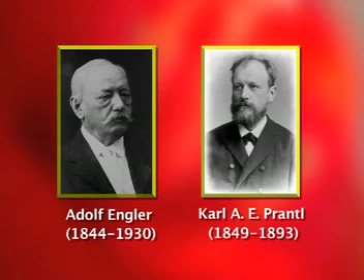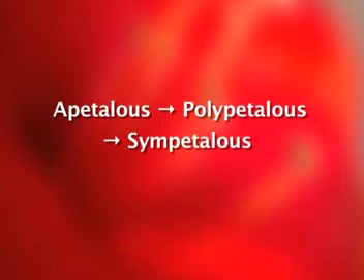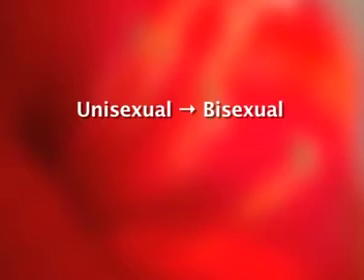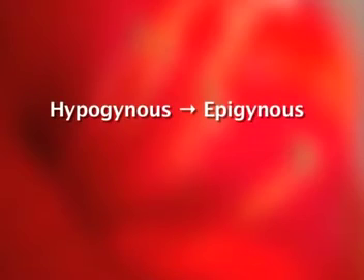The evolutionary trends as suggested by Engler and Prantl are as under. First, apetalous to polypetalous to sympetalae, actinomorphic to zygomorphic, unisexual to bisexual, hypogynous to epigynous.